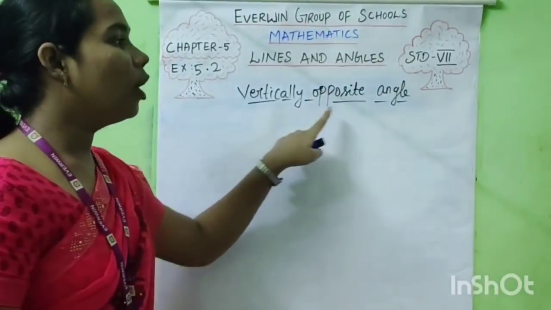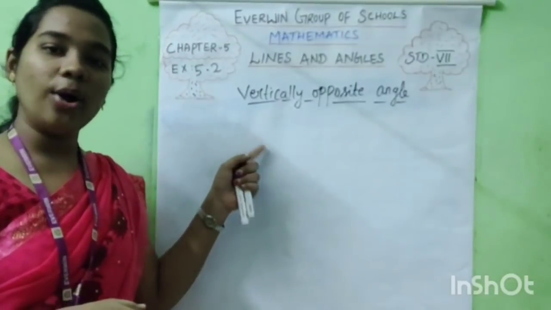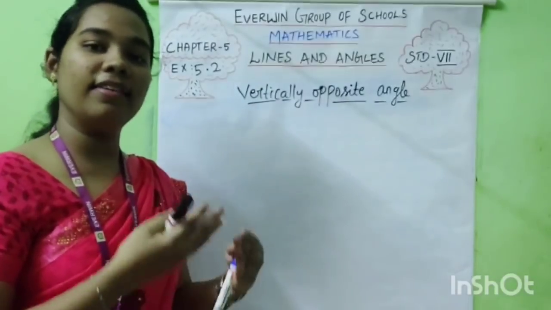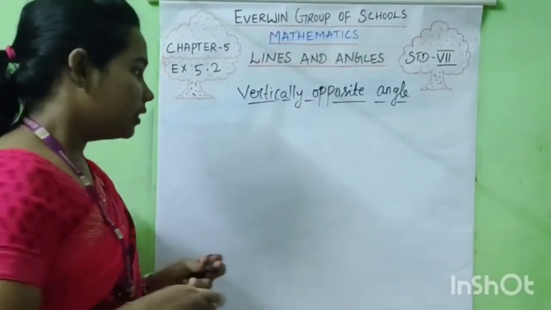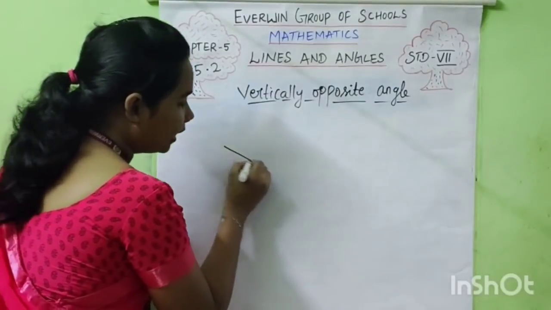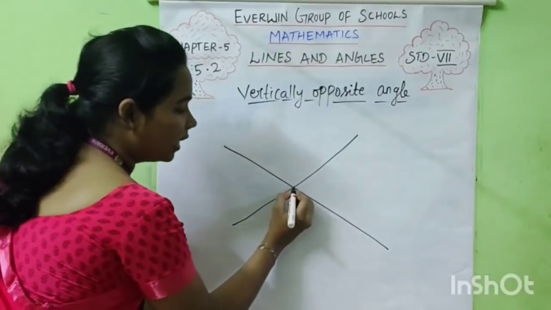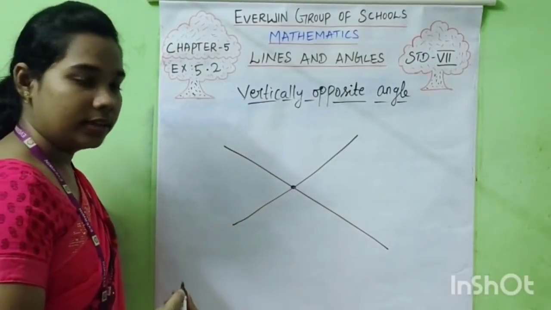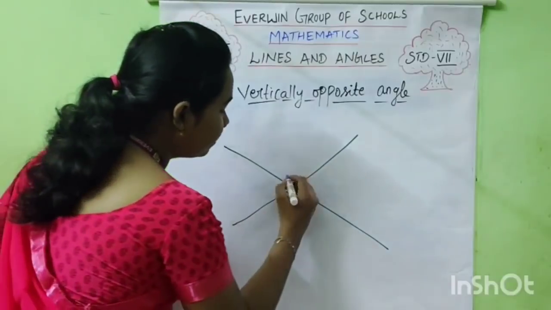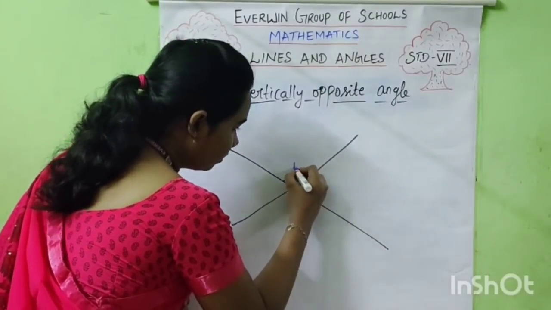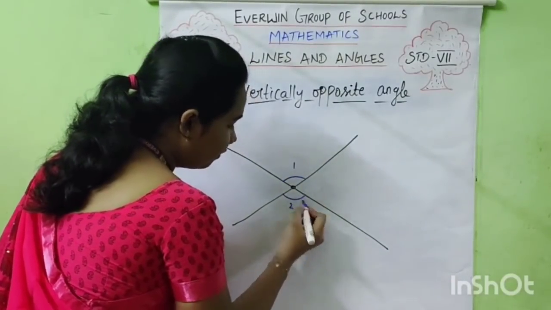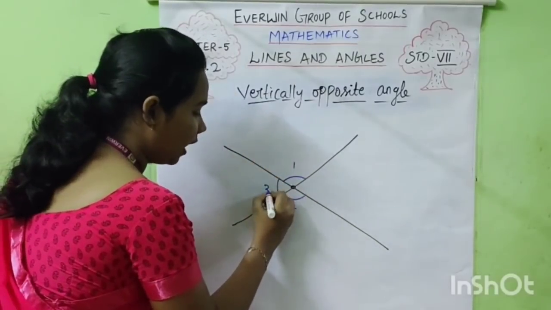Next, vertically opposite angles. Let us see how to find whether the given angles are vertically opposite angles. See, when two lines are intersecting each other at the same point, then the angles made by the lines are called vertically opposite angles.